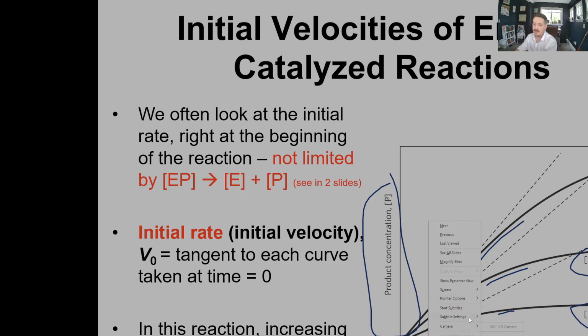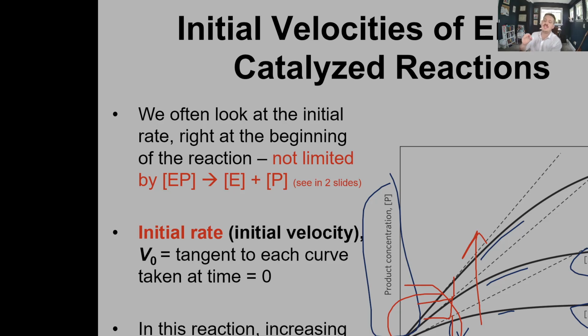But if we were to look at the initial points, the initial velocities here, we can calculate what the initial velocity is at the different concentrations, and we can see, notice, it is getting steeper as the concentration of substrate increases. And that increase in steepness, more steeper, means more product over time, which means more velocity.